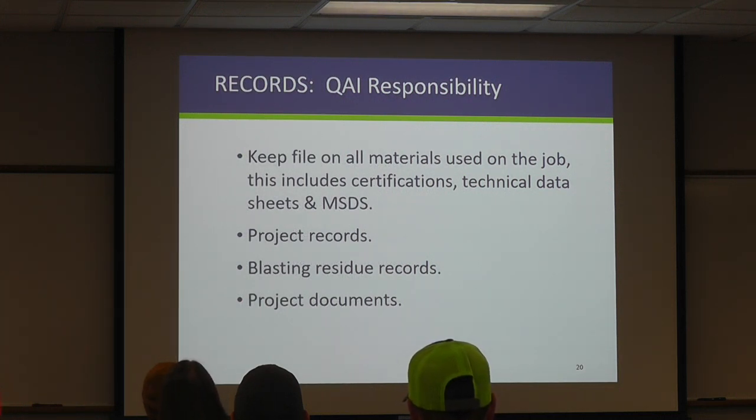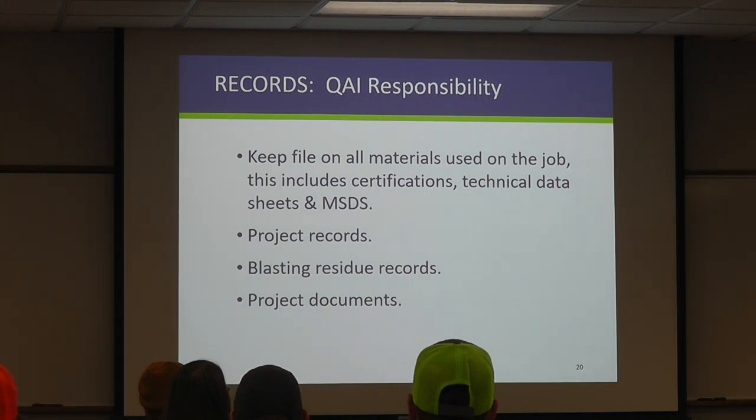Keep all your files. Certifications, tech data, MSDS sheets, project records. Blasting residue is a big one. You want to make sure any blasting residue documentation you receive from the contractor or a waste hauler later on, keep it. Audits aren't pretty. You don't want to be a part of one.